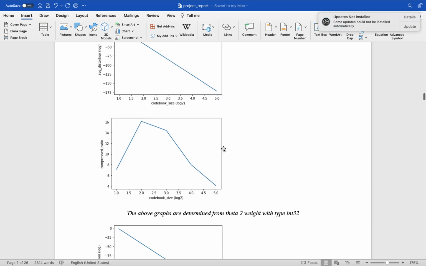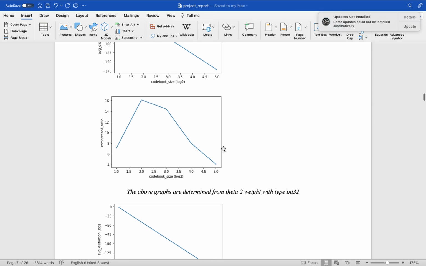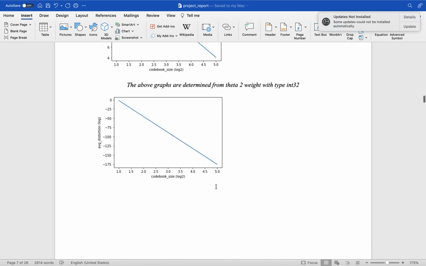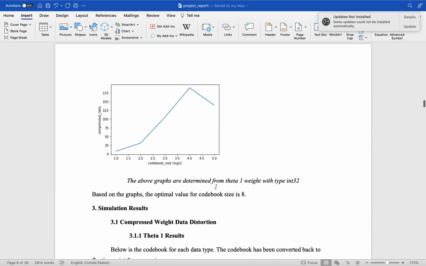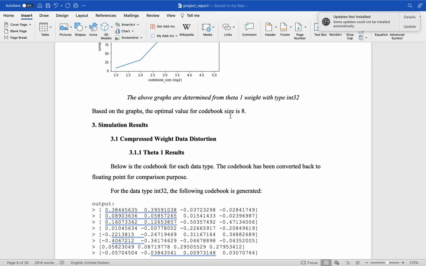Codebook size, average distortion. The above is from the graph for theta 2 and the below graph is for theta 1. The optimal value for the codebook size is 8 because that one generally kept the compression ratio at reasonably high values and the distortion low.